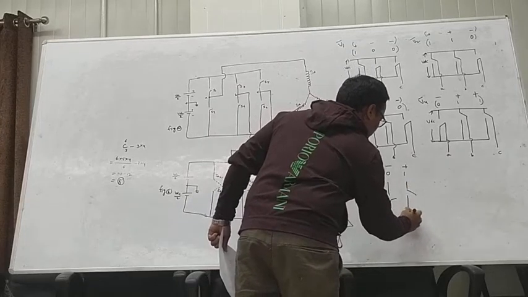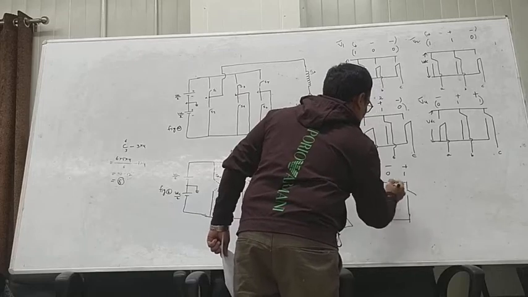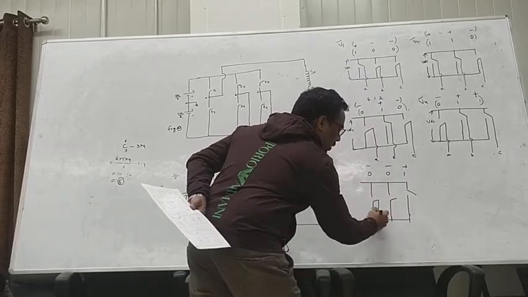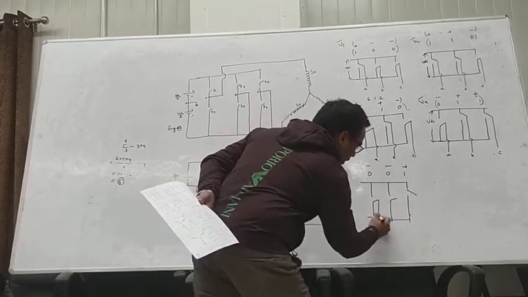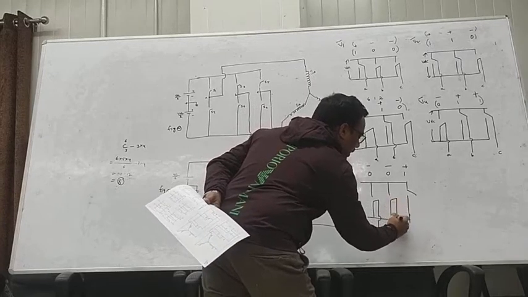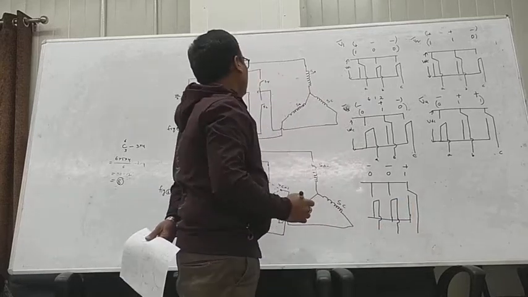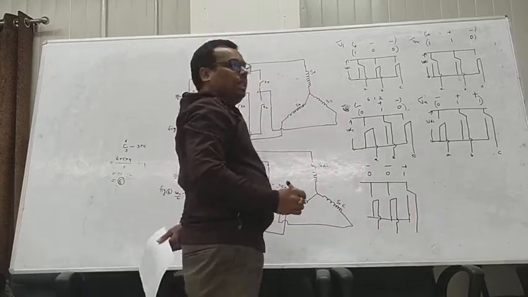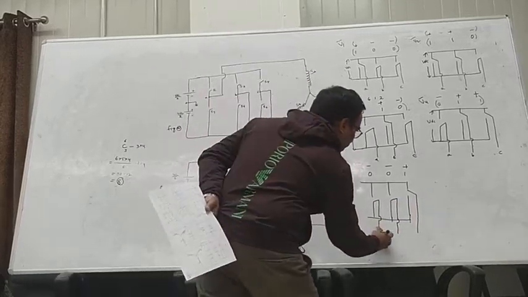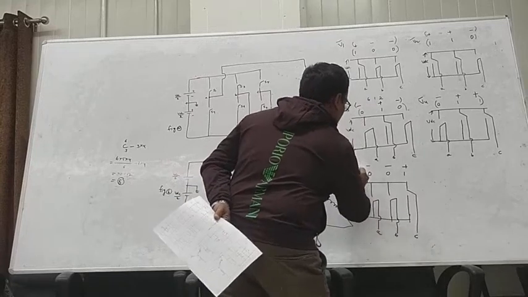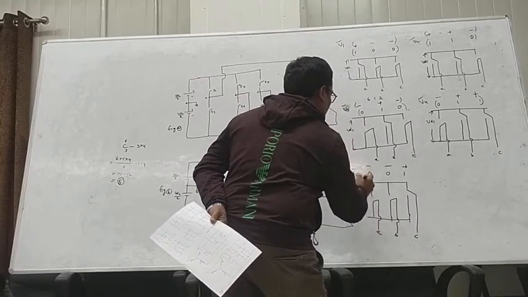So it represents this: bottom switch S4 is connected to the A phase, S6 is connected to the B phase, and S5 is connected to the C phase. So this is A phase, B phase and C phase, and this is voltage vector 5.